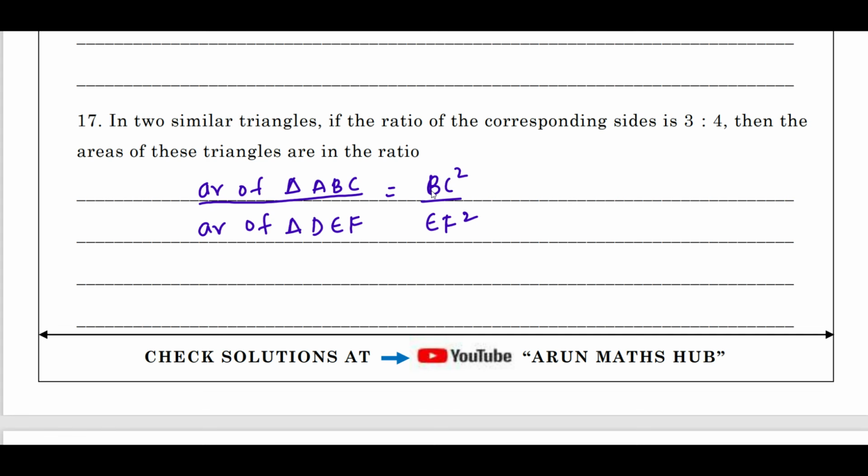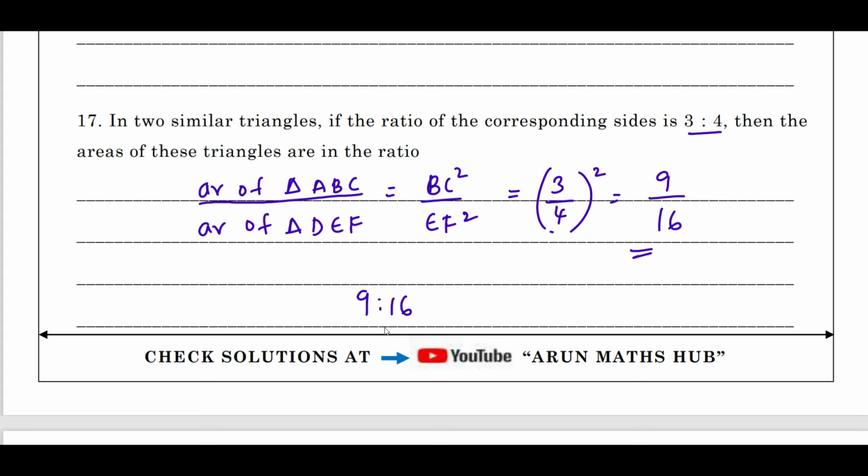The ratio of their corresponding sides is 3:4, whole square. To find the ratio of areas, just square the sides: 3 square is 9 by 4 square is 16. Therefore the ratio of their areas is 9:16. When the sides are given, to find the ratio of the areas, what should you do? Square it.